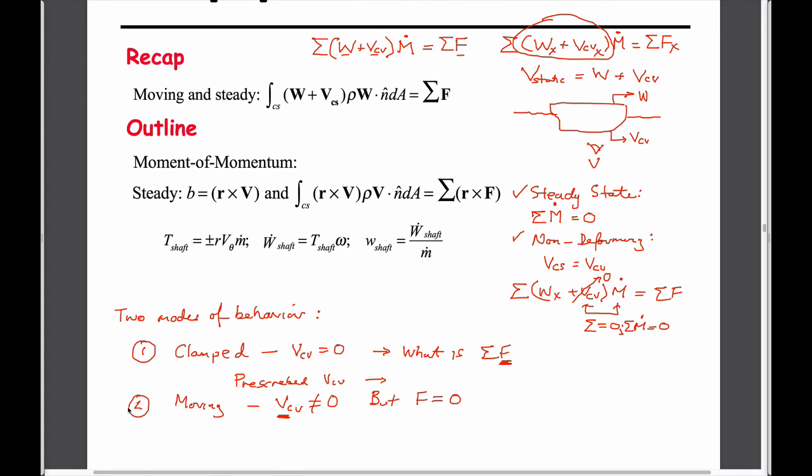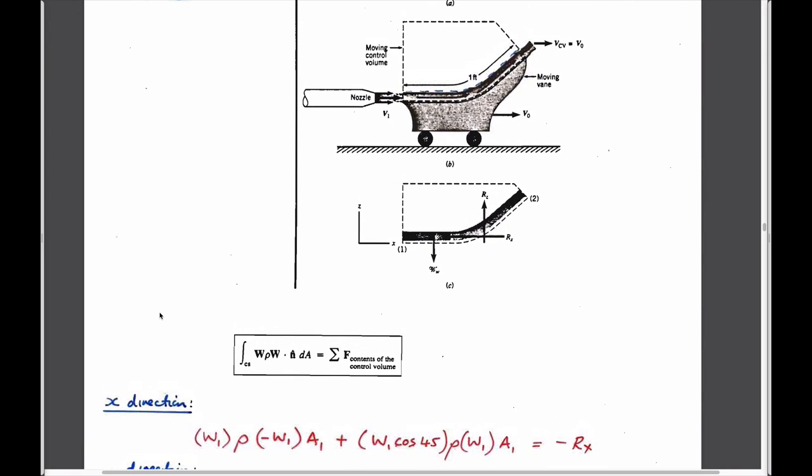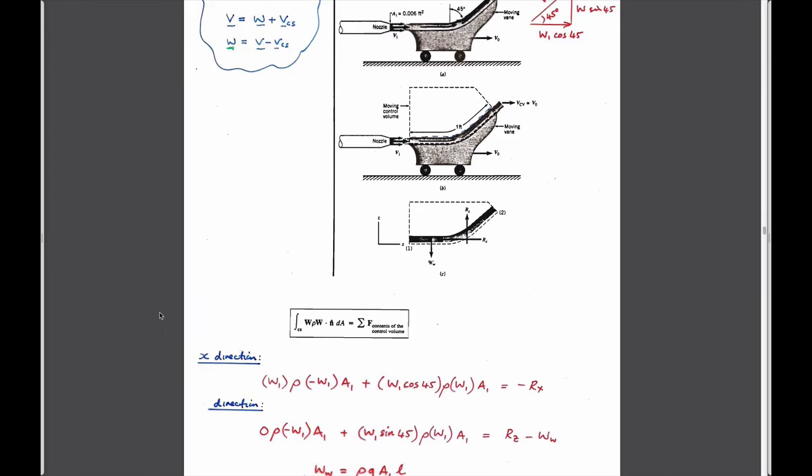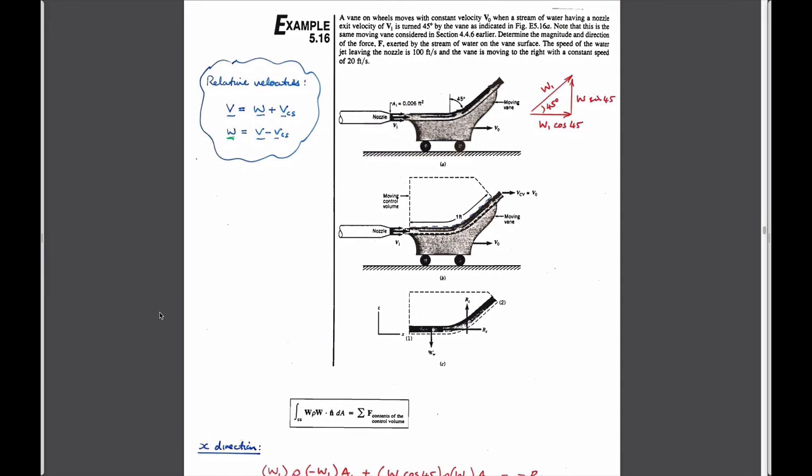So I thought today we might do a couple of very straightforward examples to be able to make that case. And they rely on this basic idea here of having a vane, V-A-N-E, not V-E-I-N.